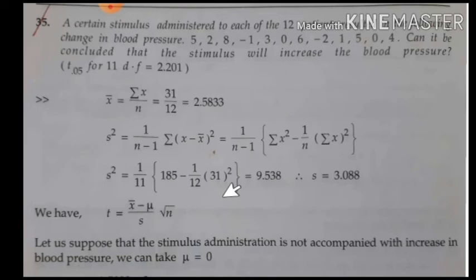If they asked you to test whether an increase or decrease change is there, then the mean of the population will vary. The mean of the population will not vary when it is stagnant.